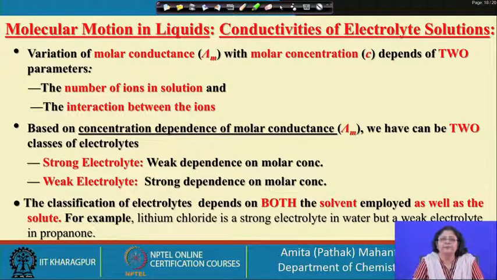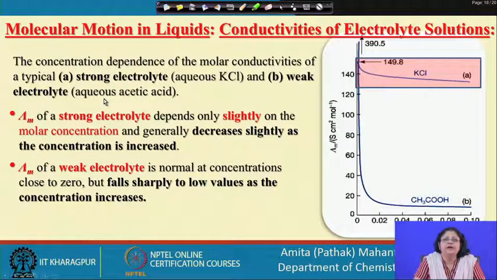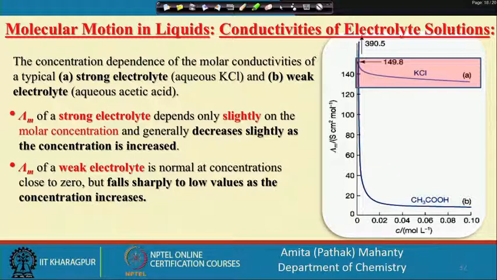Now just see how the graph looks for the concentration variation of the molar conductance. Molar conductance is lambda here. This is a strong electrolyte, you see the values and see the variation.